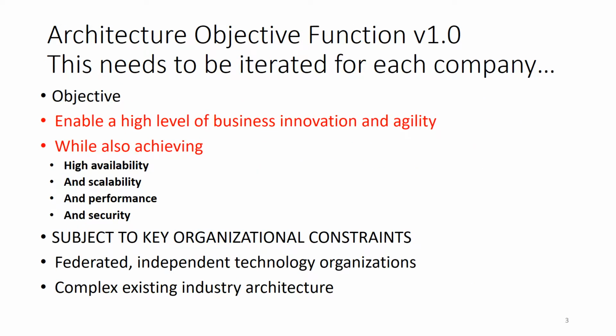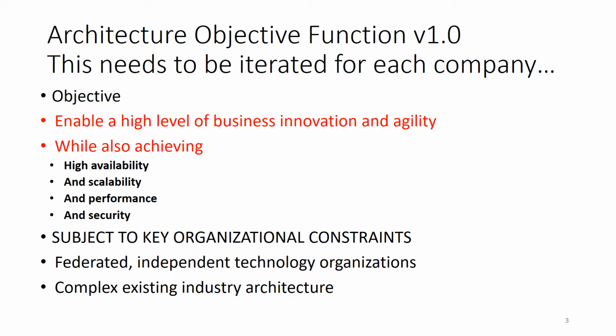So here's an example architecture objective. This is a version 1, and you'll need to iterate this for your company. The idea is to state what the objective is. For example, if innovation is what's driving the company, the key objective is to enable a high level of business innovation and agility.